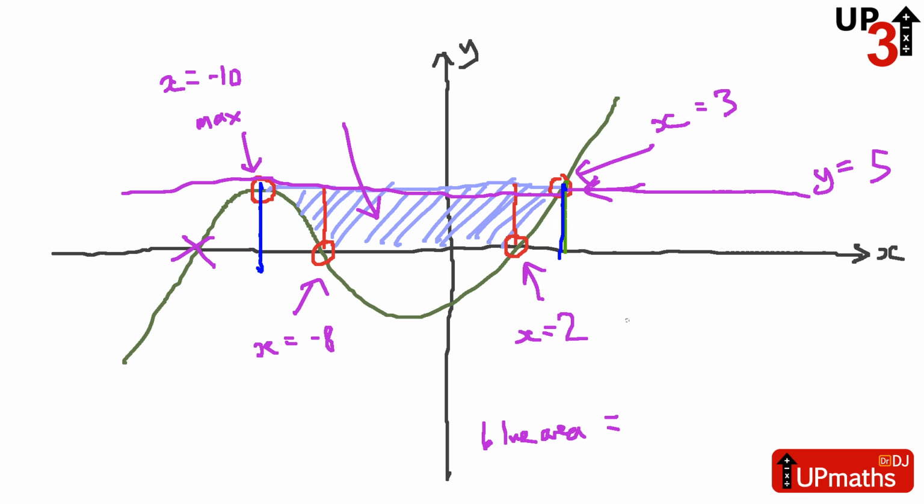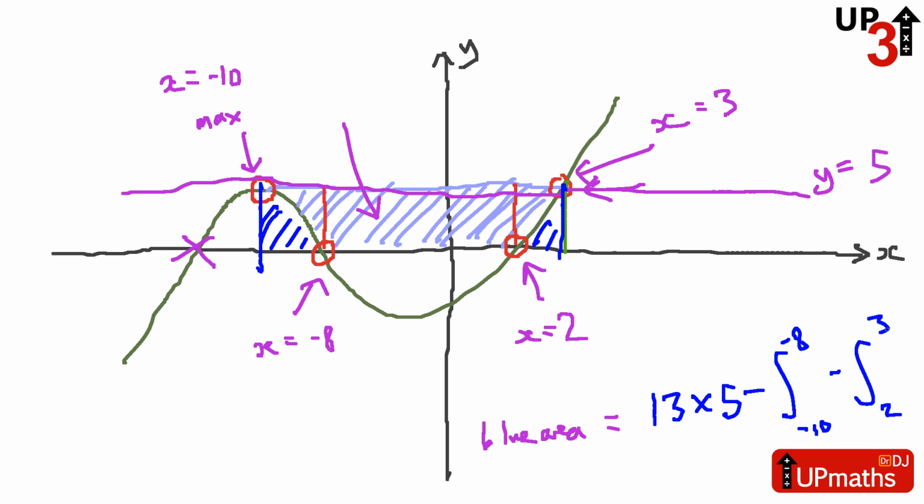We're going to need that whole box, so that's going to be 13 times 5, and then we need to minus the integral, need to minus this bit, which is the integral from minus 10 to minus 8, and then minus the integral, this bit, 2 to 3, and then that would be the original light blue area.